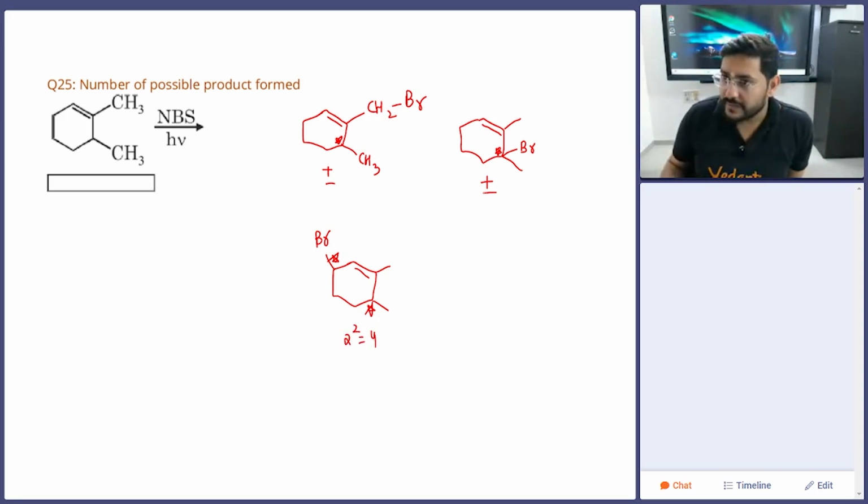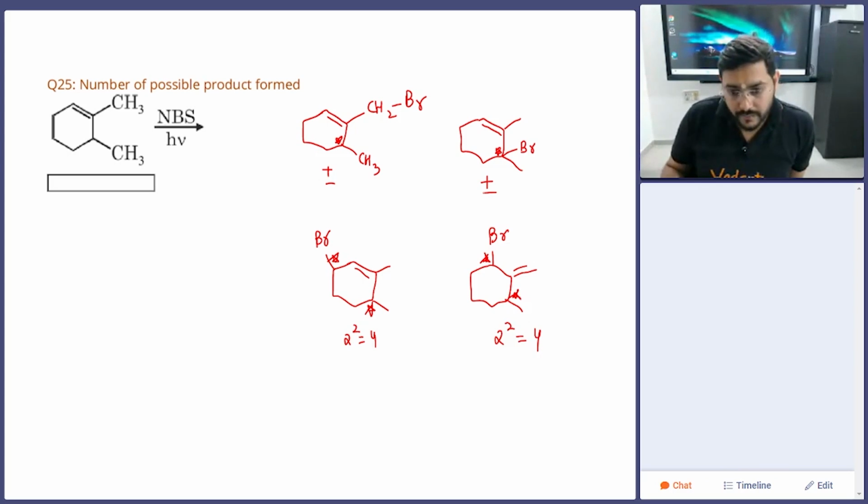Is this part clear? Come on everyone. Now, one of the products that is possible after the formation of the radical and resonance is going to take place. So we are going to get here also, come on everyone, the Br, and here also the CH3. So can we say that 2 raised to the power 2, that will be 4.